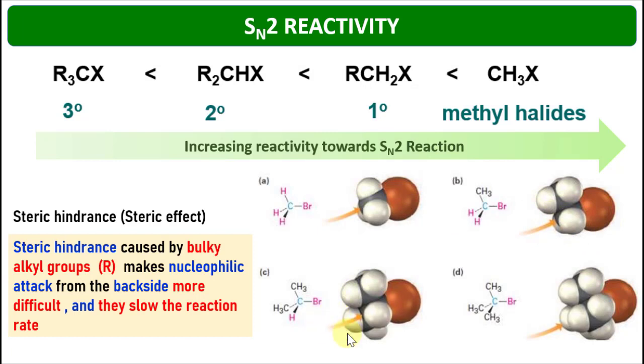Compared to the secondary and tertiary alkyl halides, the tertiary alkyl halide is the most hindered, which makes nucleophilic attack from the backside of the electron deficient carbon more difficult, and it will slow the reaction rate.